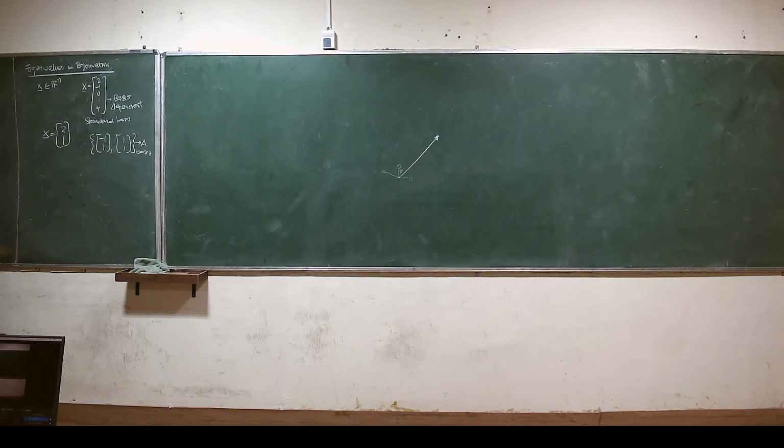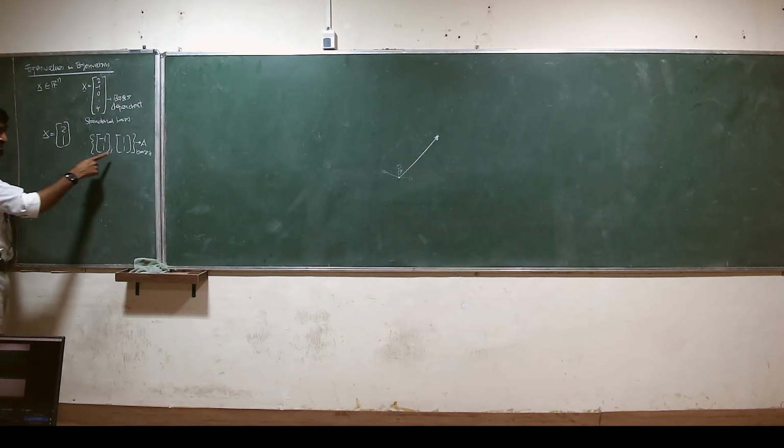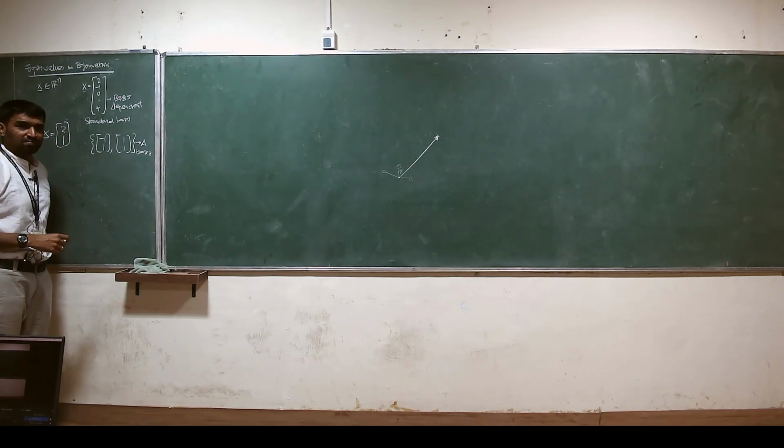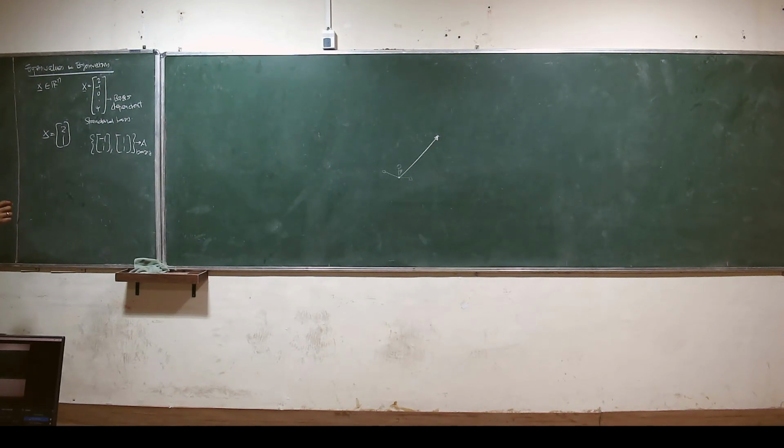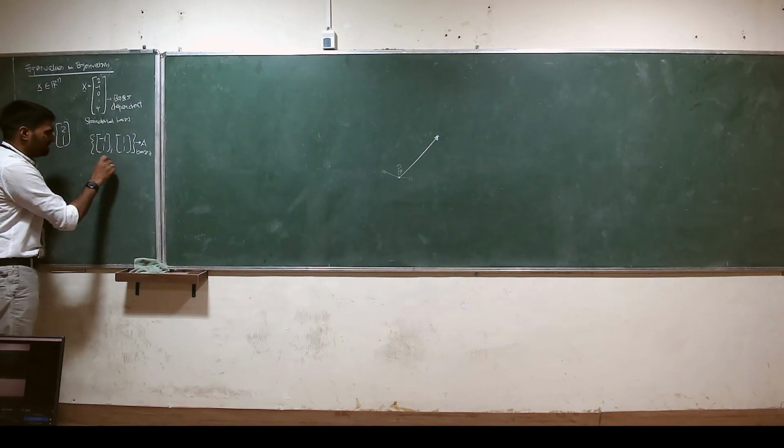How do I find the representation of this vector x in the A basis? How do I go about finding that out? Matrix inverses, right? What is the procedure I need to follow to find out the representation of x in the A basis? And I'll call this A1, A2.